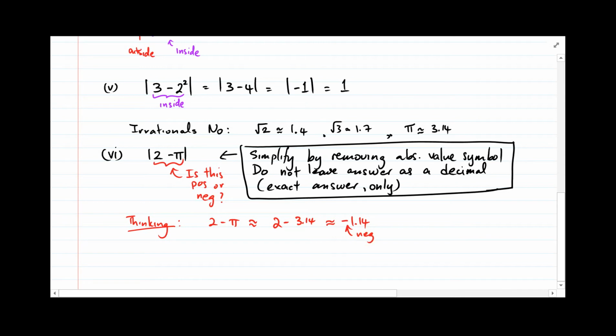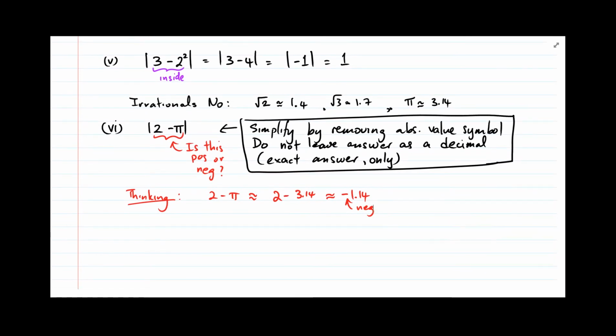So since I know by estimation that the way it is written is negative, I can now go back to my problem and say, okay, 2 minus pi, this is a negative number. I will use the lower part of my definition, which would be take the negative of whatever the expression is that I have.